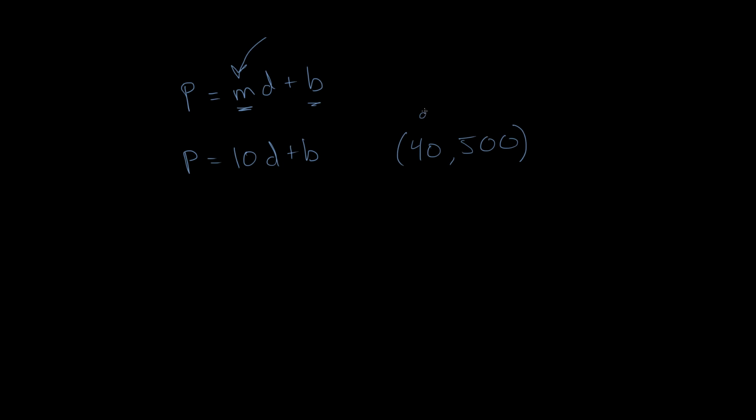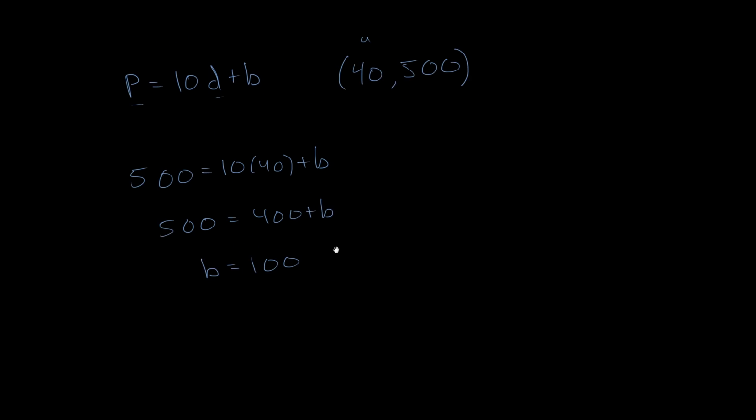So 40 is our depth, 500 is our pressure. So one thing you could do is obviously just plug 40 in for depth, 500 in for pressure, and solve for B. So we can get 500 equals 10 times 40 plus B. 500 is equal to 400 plus B. And you can get B equals 100.